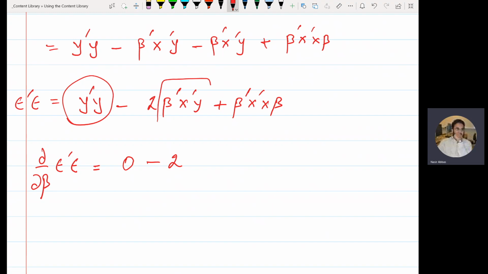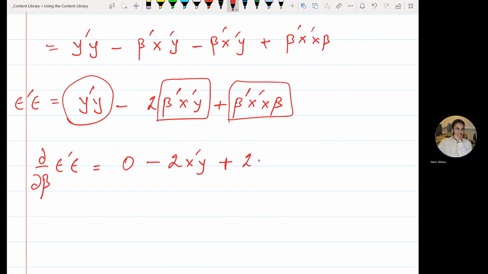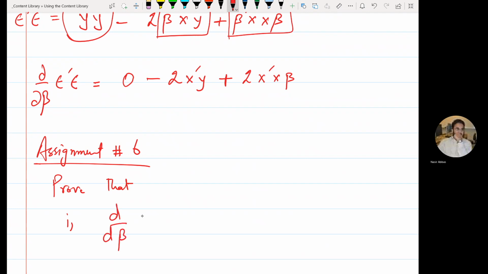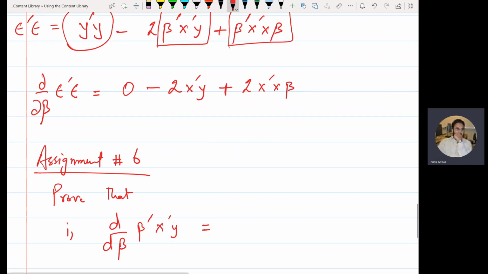What is the derivative of this thing with respect to beta? The y does not contain a transpose. It does not contain a transpose.